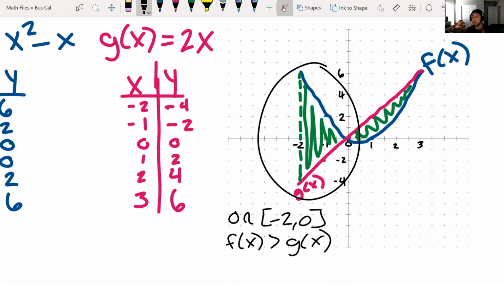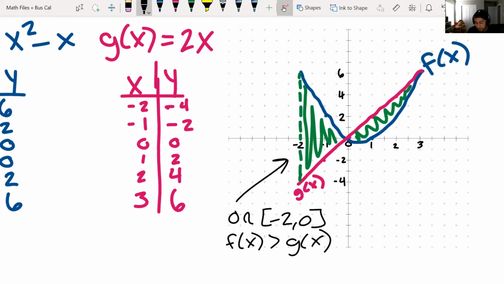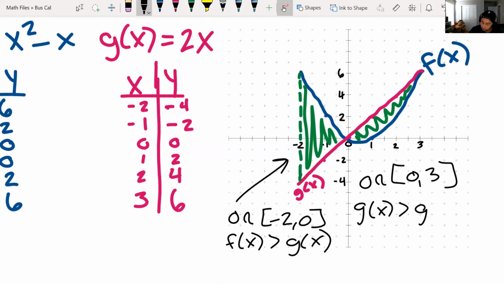The blue line is above the pink line. So that's what's going on for that area. And then on 0 to 3, g of x is greater than f of x. And that's what's going on right there. Okay, so this is definitely another case 3.